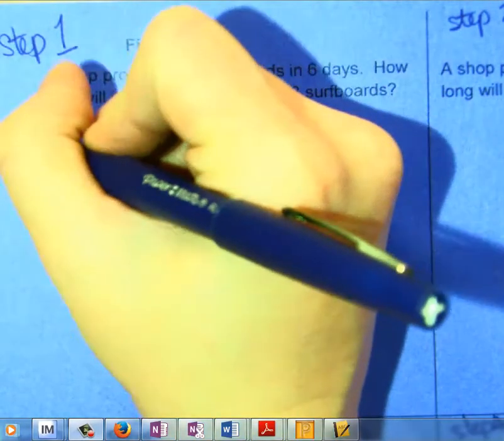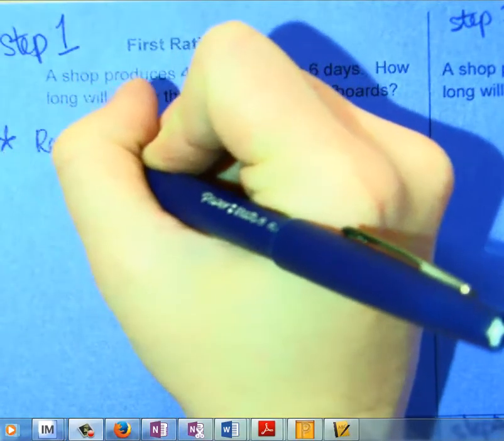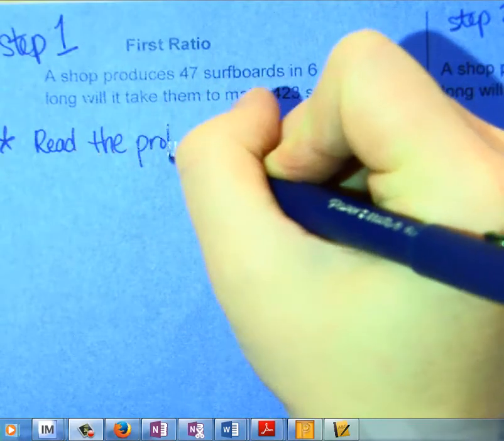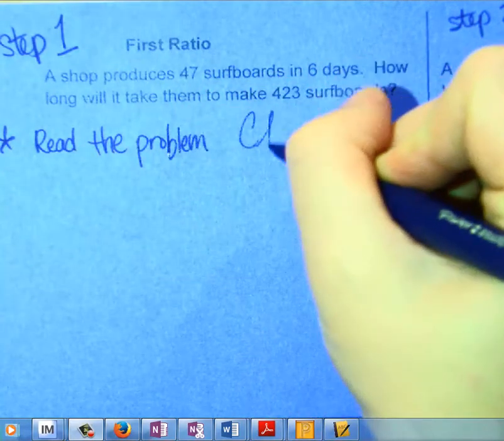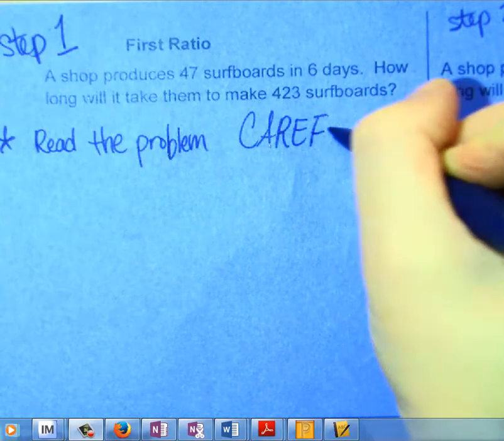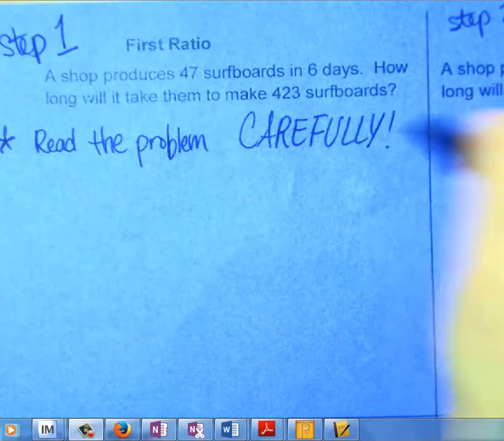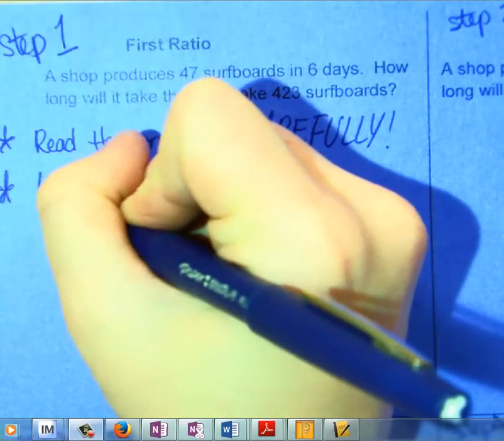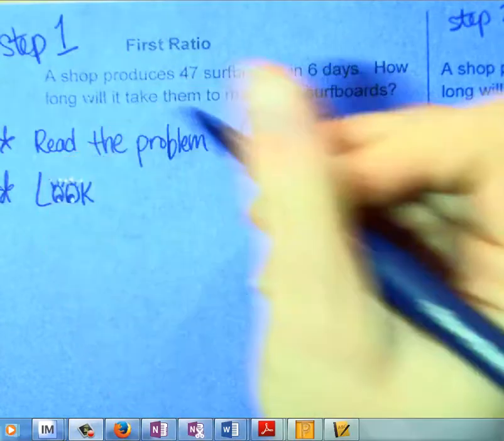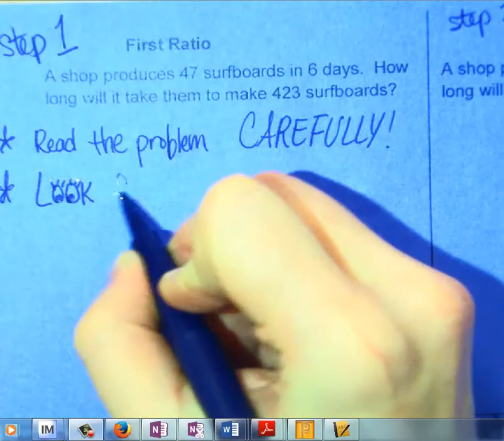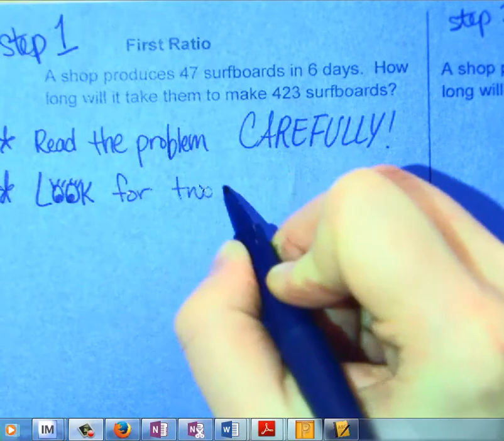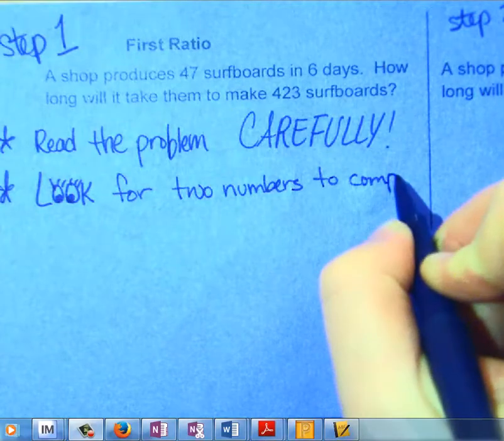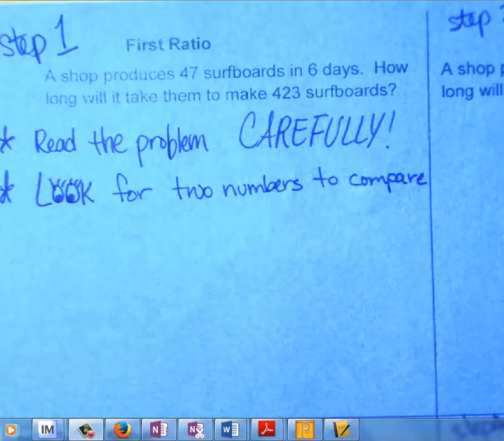The first thing we need to do is to read the problem carefully. We're going to look for two numbers to compare for the first ratio.